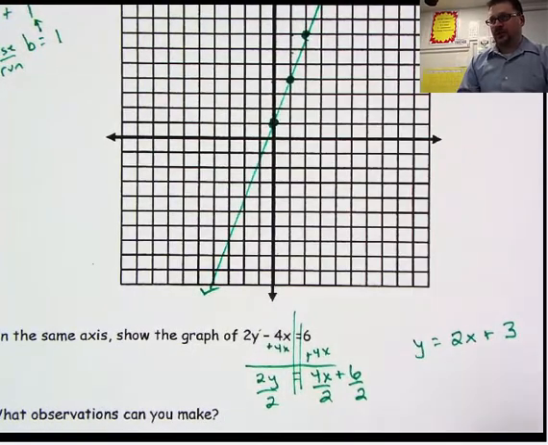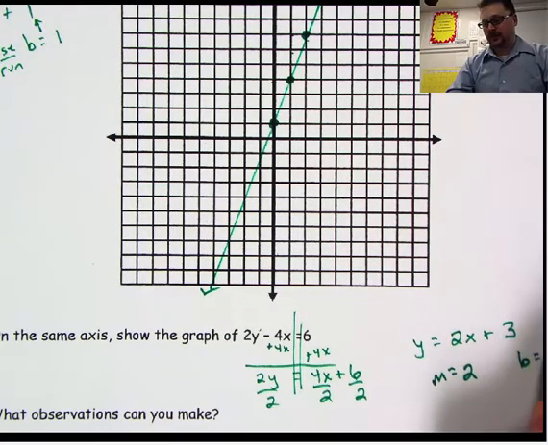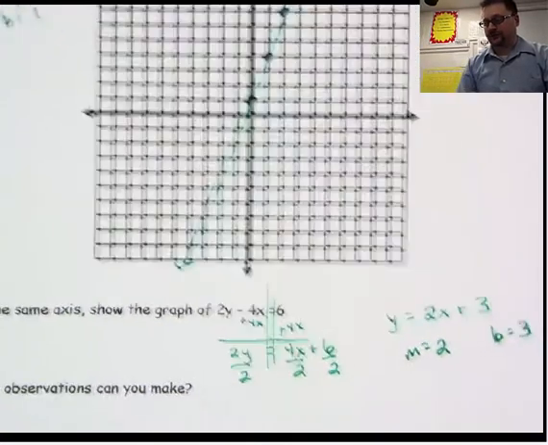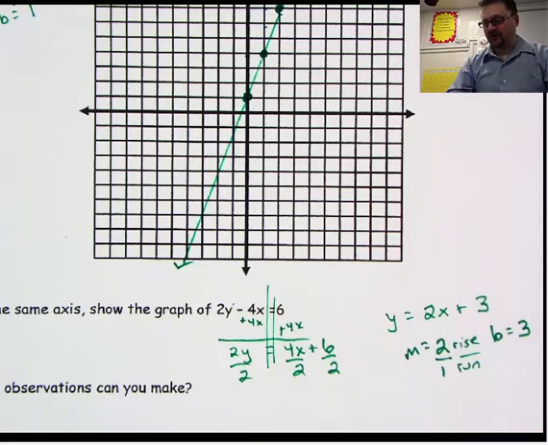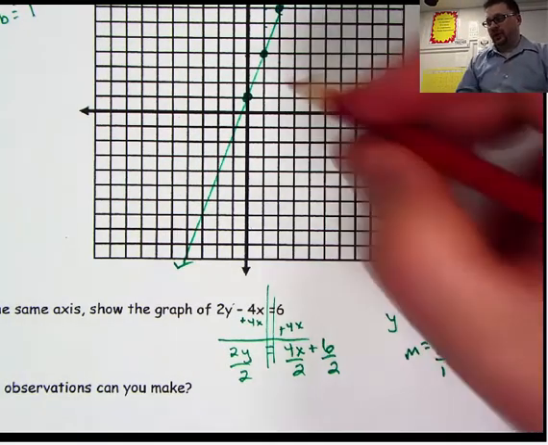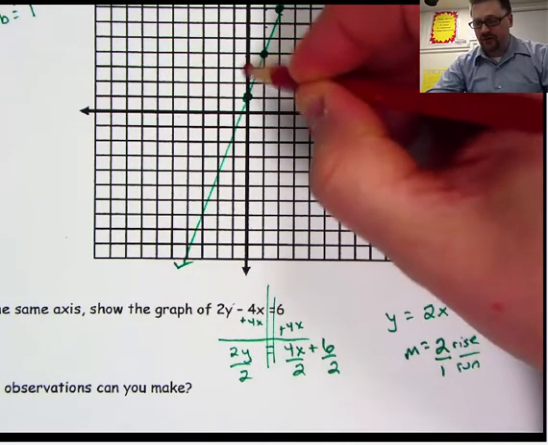Now that that's in y equals mx plus b form, I can tell that my slope is 2 and my y-intercept is 3. Again, I do want the slope to be a fraction, so it's 2 over 1, keeping in mind the idea of rise over run. So my y-intercept is 3, so now I'm going to put a point at 1, 2, 3 right there.